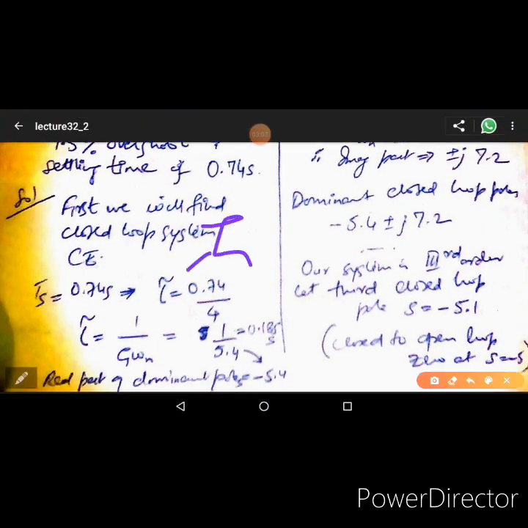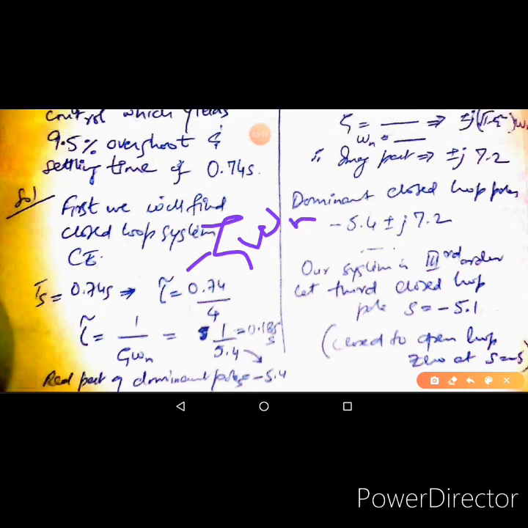minus zeta omega n. We simply get the real part of the pole from here. Zeta omega n is 5.4, so we get the real part of the pole directly. And the negative sign should be there because it is in the formula, and negative sign means that the pole is on the left hand side of the j omega axis, or it's a stable pole.